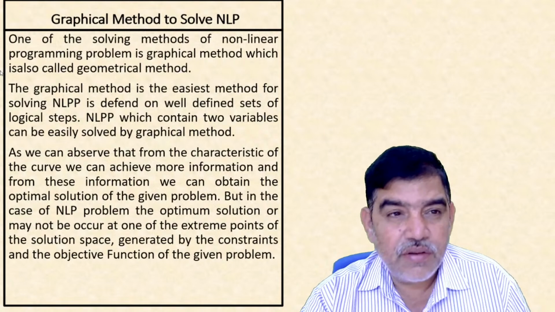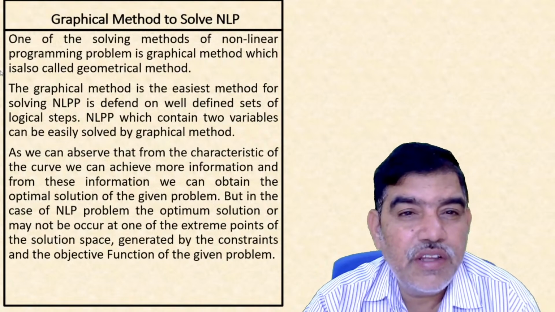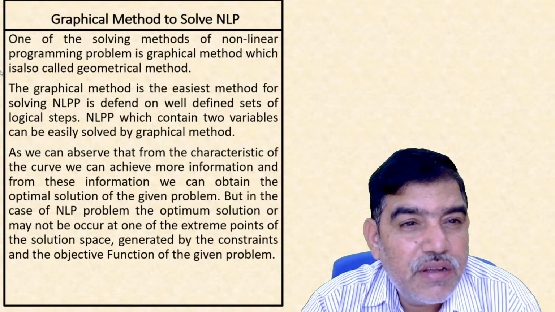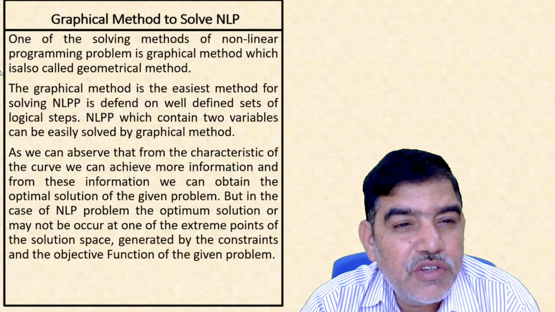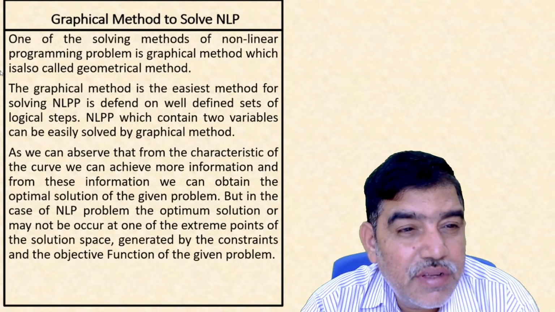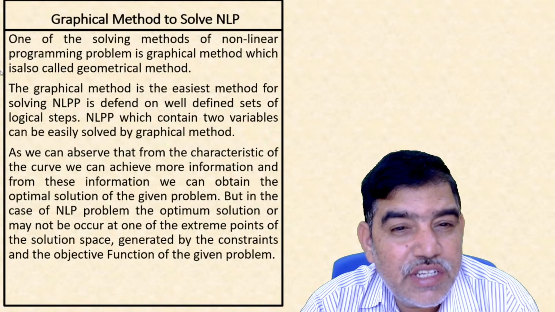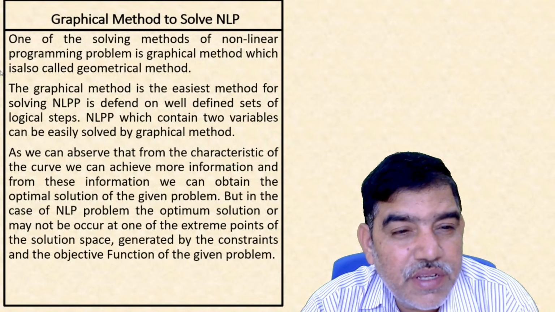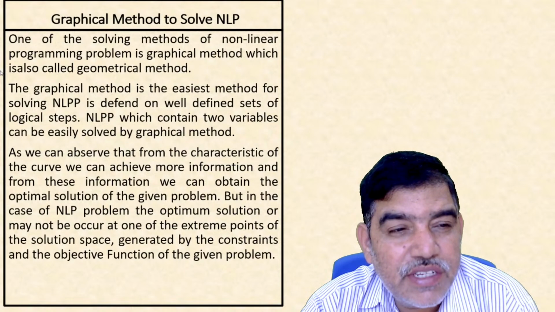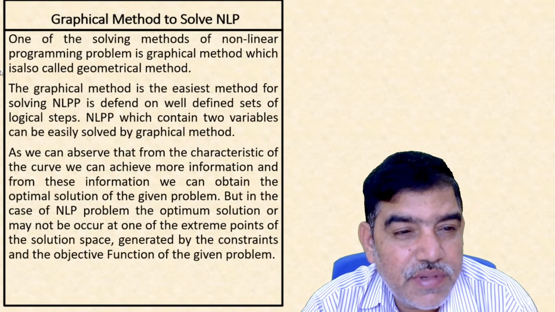Then we try to solve the nonlinear programming problem by using the graphical method. One of the solving methods of nonlinear programming problem is the graphical method, which is also called the geometrical method. The graphical method is the easiest method for solving a nonlinear programming problem. It is defined on well-defined sets of logical steps.